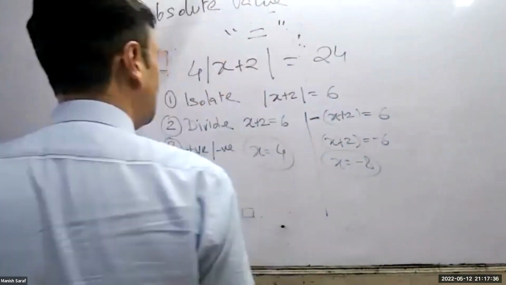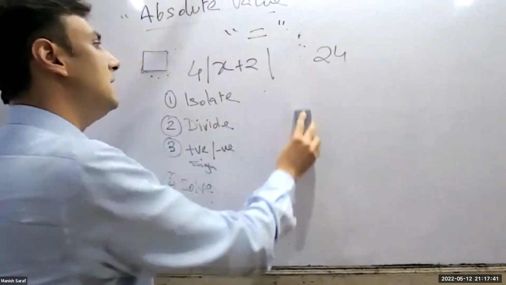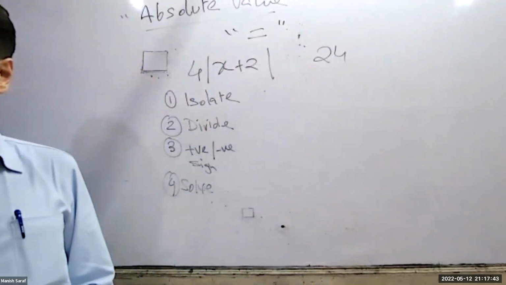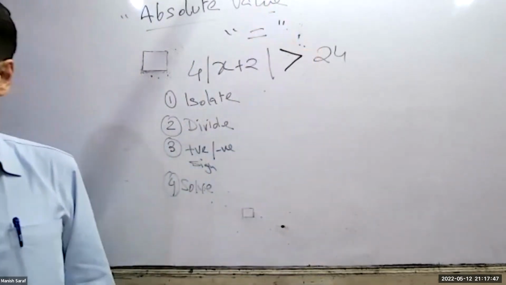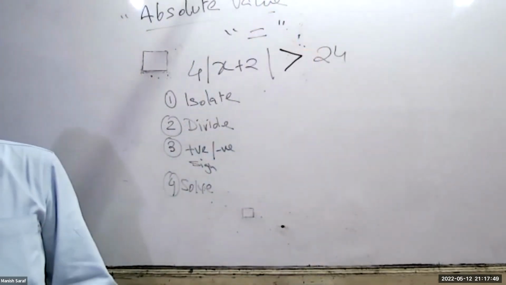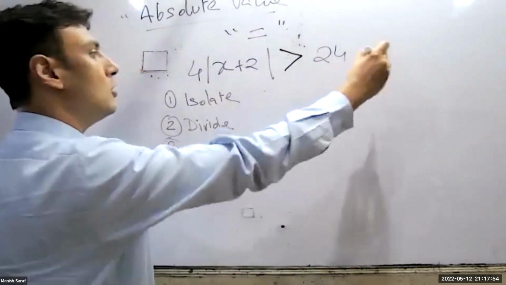Now let us assume that this was not an equal to sign, it was a greater than sign. Okay, now the same steps with inequality. Isolate, dividing throughout by 4.